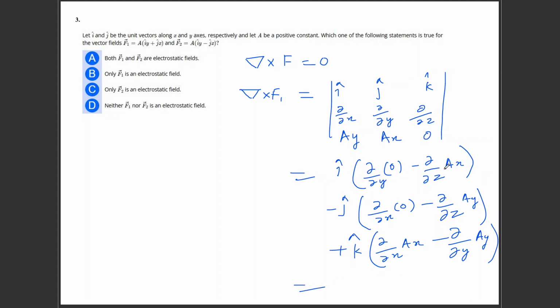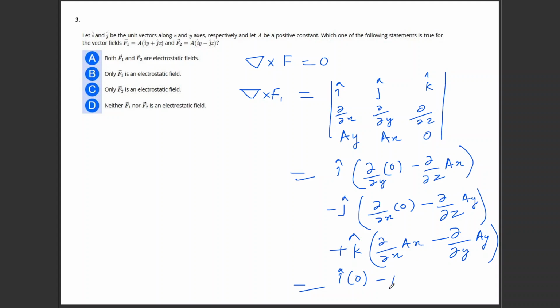Now, ax has no function of z, so if you differentiate it with respect to z, it would be 0. So i cap times 0. Similarly, ay has no component of z, so if you differentiate with respect to z, that also becomes 0.